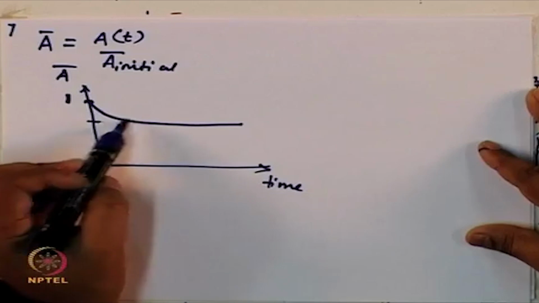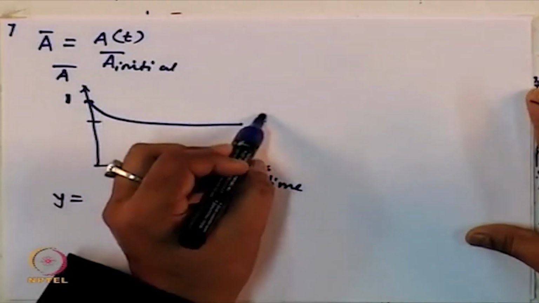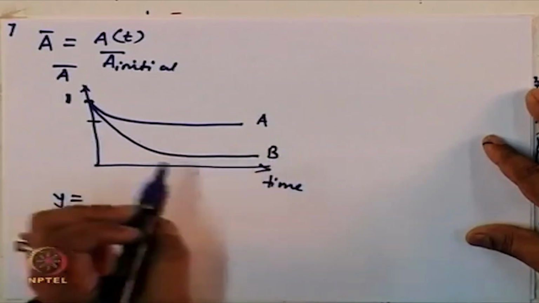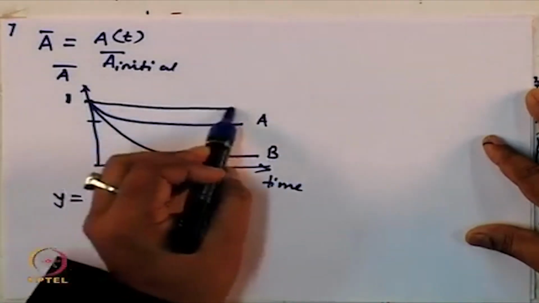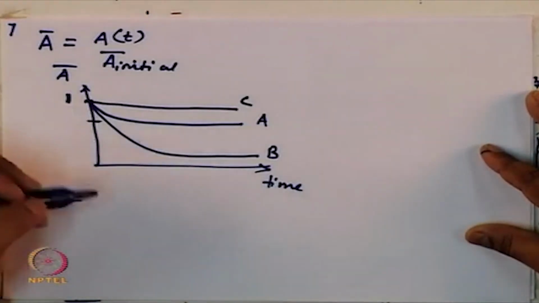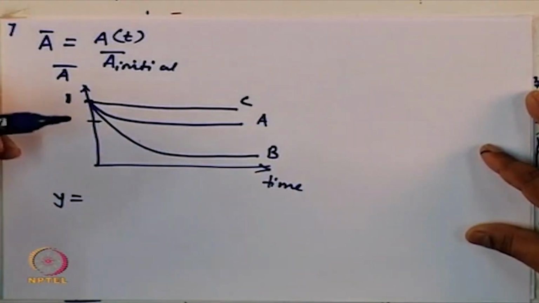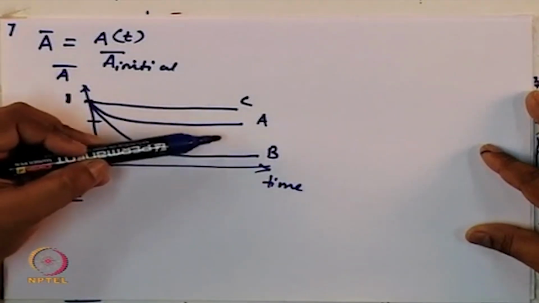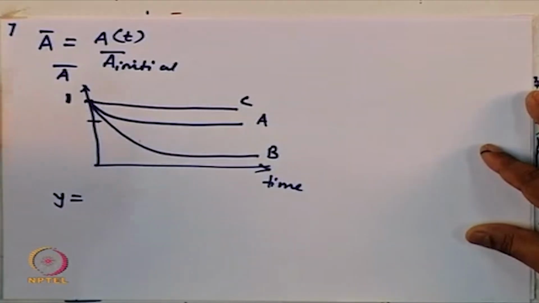As opposed to this particular case, let us say for condition A, for condition B I might have a situation like this, and for condition C, this is my condition C. I want to have a way of quantitatively finding out metrics, so that I can compare what these conditions A, B and C are doing to my data.